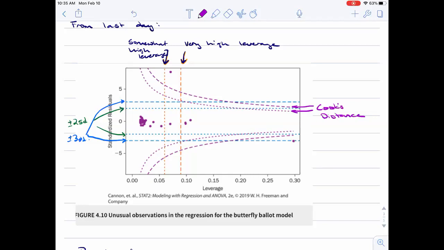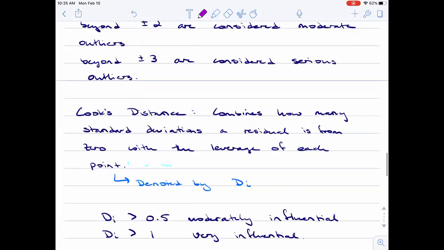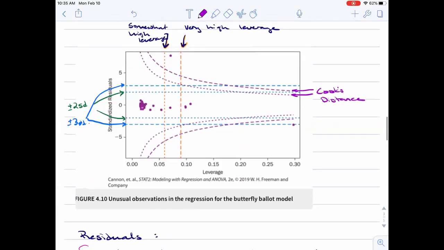Looking at a Cook's distance of 0.5, anything greater than 0.5, I've got 2 points. Anything greater than 1 is, what did we say, a very influential point. That's right, so we have 2 very influential points in this data set.